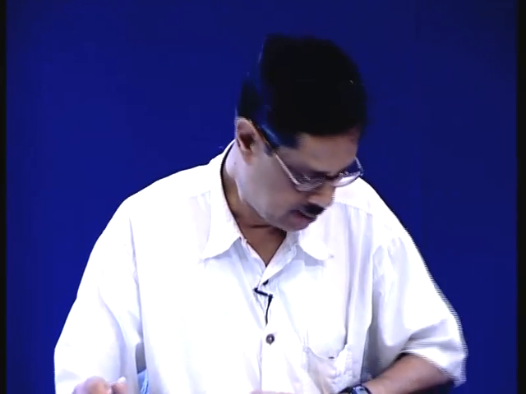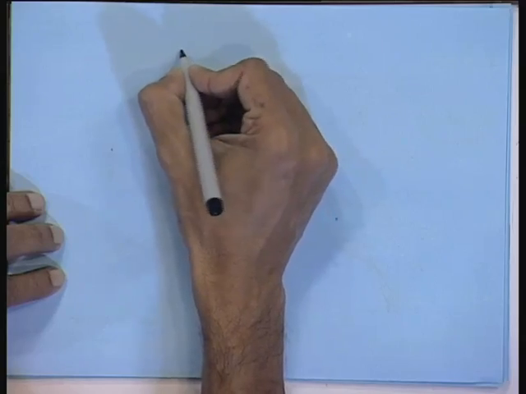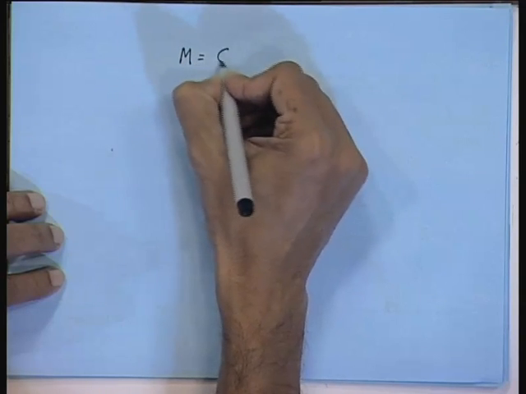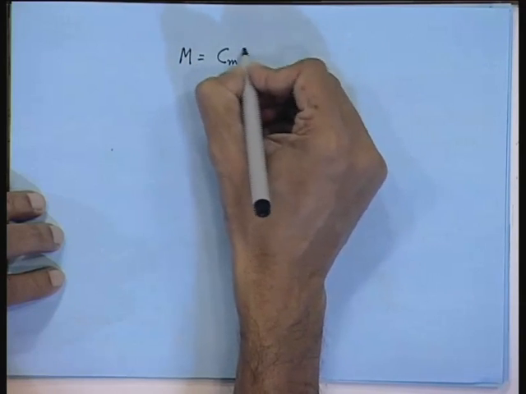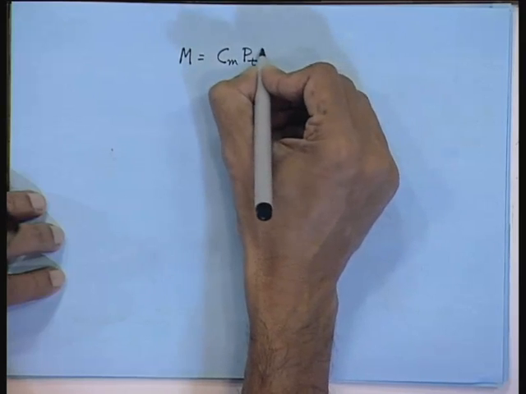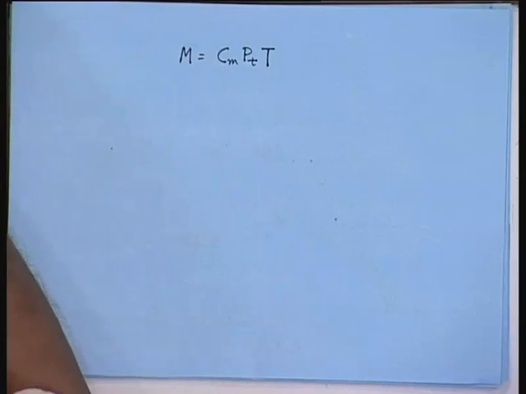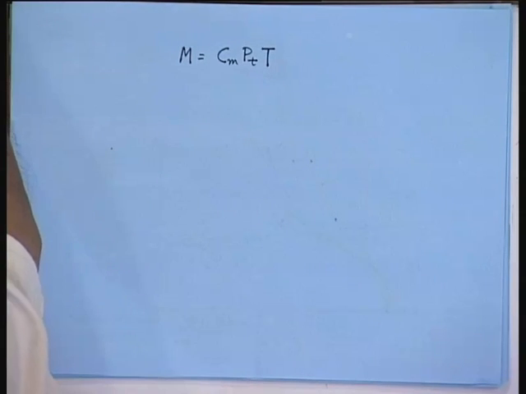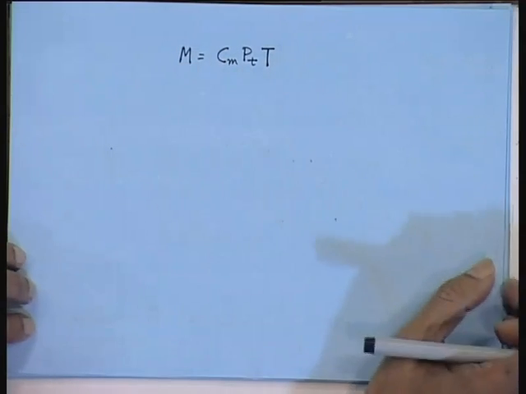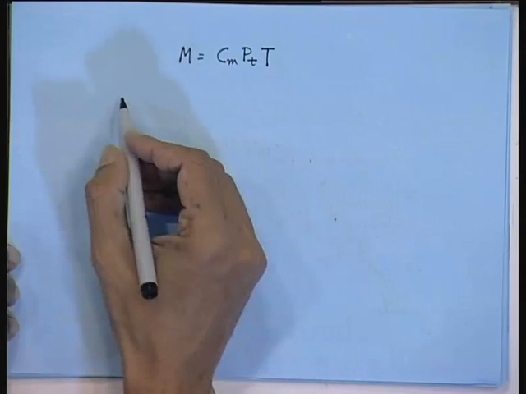Now, how do you calculate the bending moment? Bending moment equation. That you have to know the value of Cm. So, bending moment equation we have derived as m equals to Cm PTT. Now, a set of curves have to be drawn for Cm, the moment coefficient.